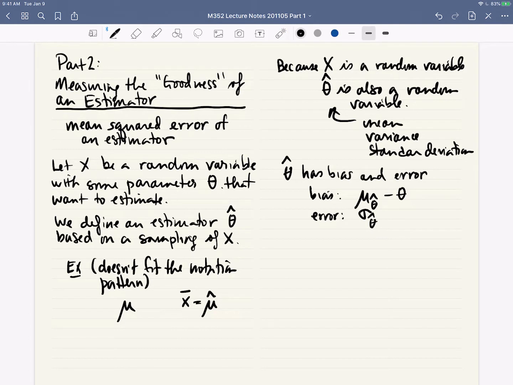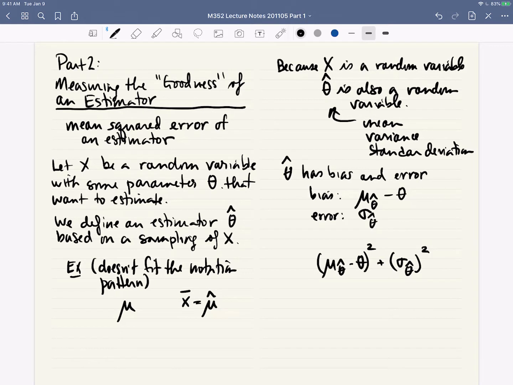So what we do is we take these two sources of error, and since they both contribute to the error, we're going to add them together. But these both could be positive or negative, and we wouldn't want them to accidentally cancel one another out and artificially reduce a representation of their error. So we're going to square each term.